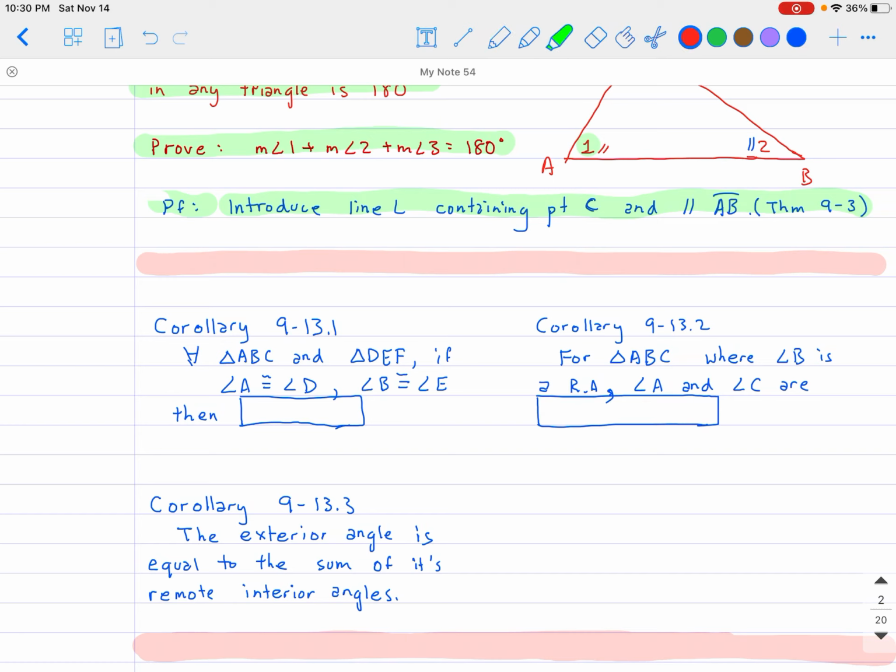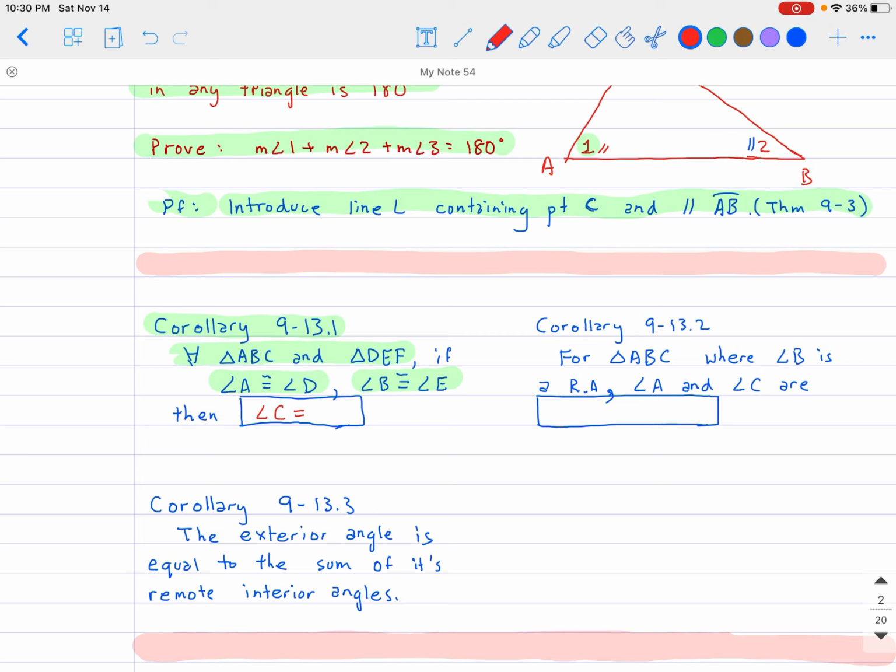The first one is going to be corollary 9-13.1, which says that if you have any triangle ABC and another triangle DEF, and it's the case where one angle is equal to the other, so A is congruent to D, and the second angle is equal to the second angle in the other triangle, then you can probably conclude something about the third angle in the first triangle and the third angle in the second triangle.